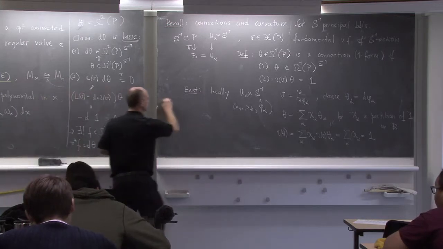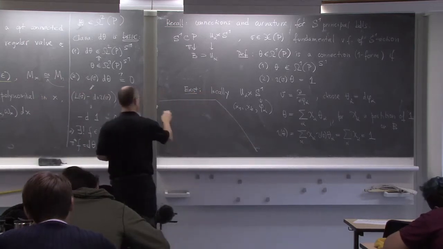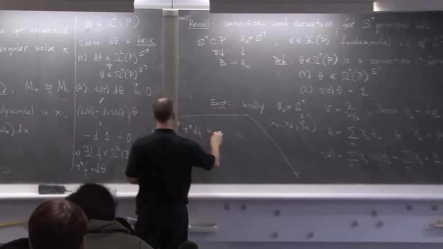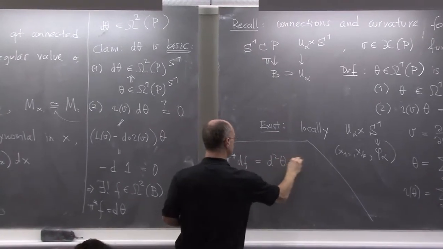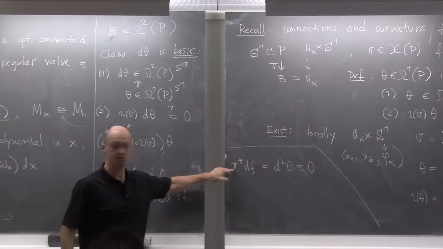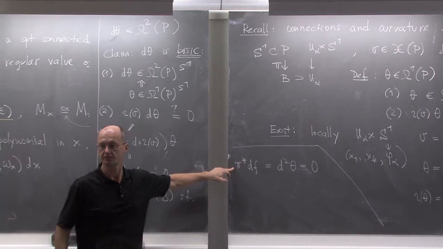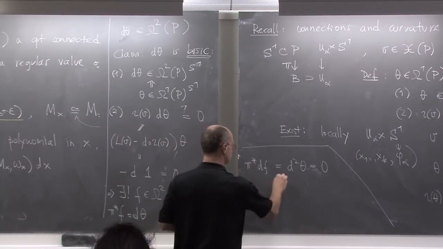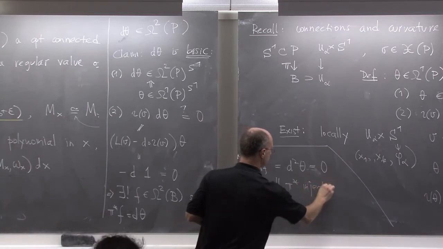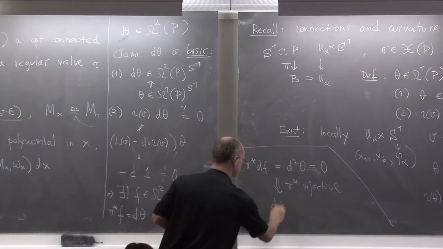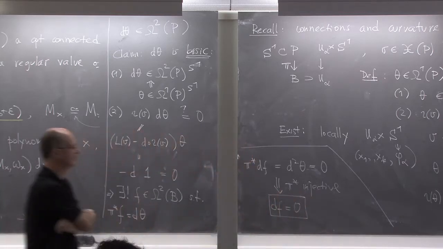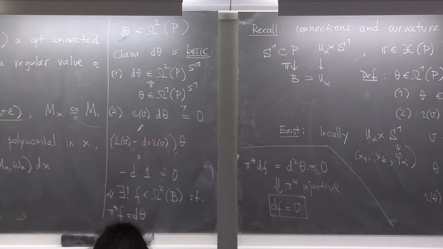Note that pi star df is equal to d squared theta and is equal to 0. And since pi star is injective, this means df is equal to 0.